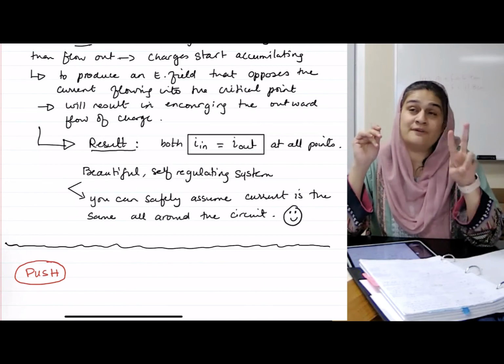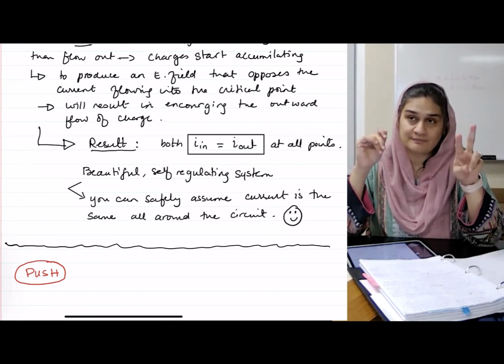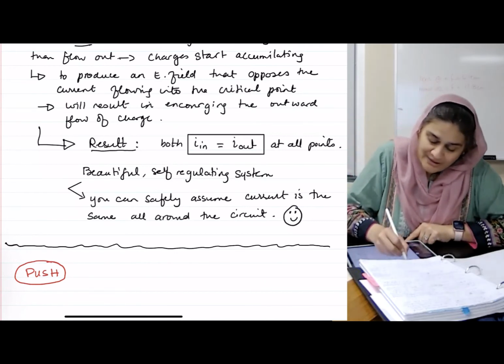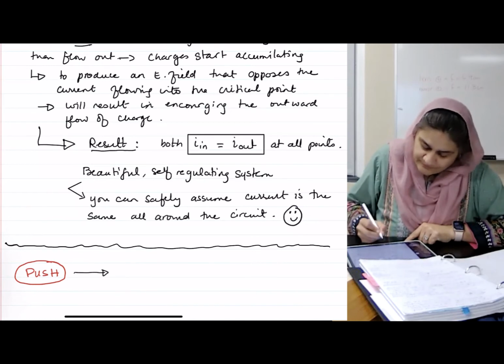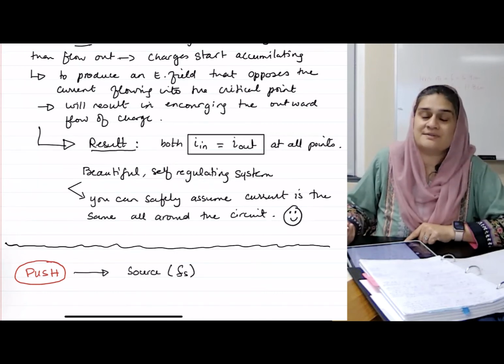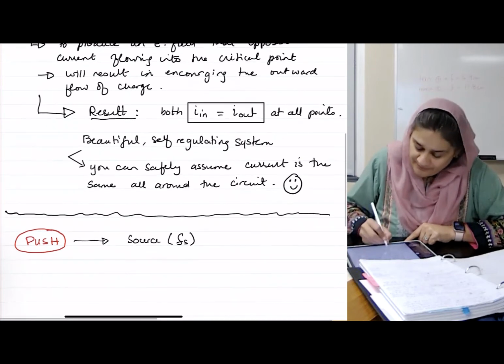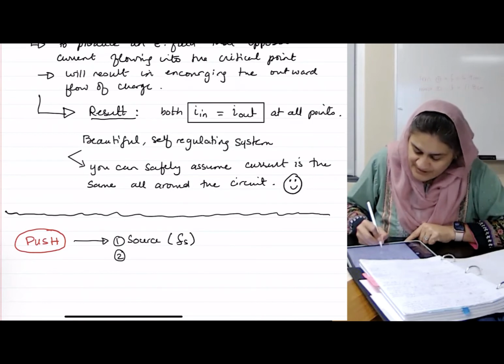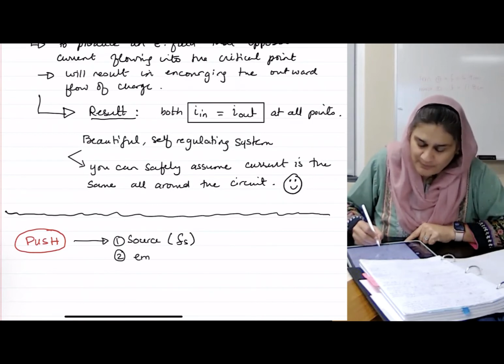So there are two factors in any circuit. One is called the source. I think Griffiths calls it fs. And the other is the electrostatic force.